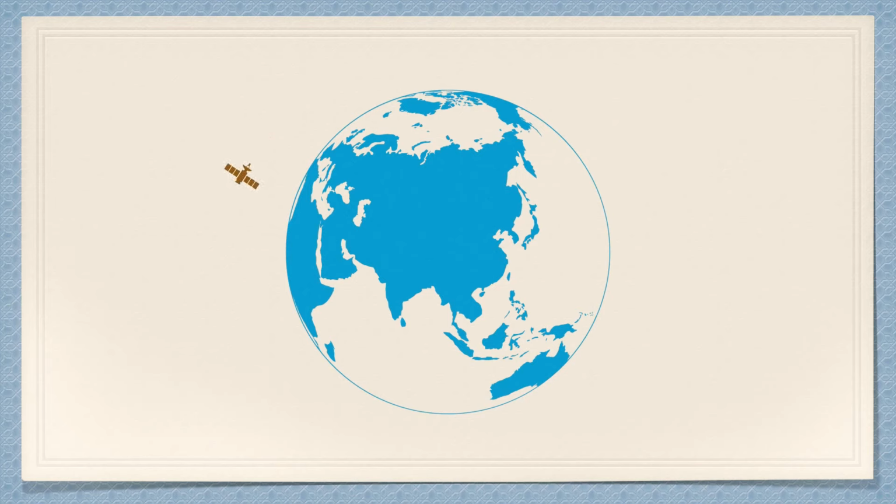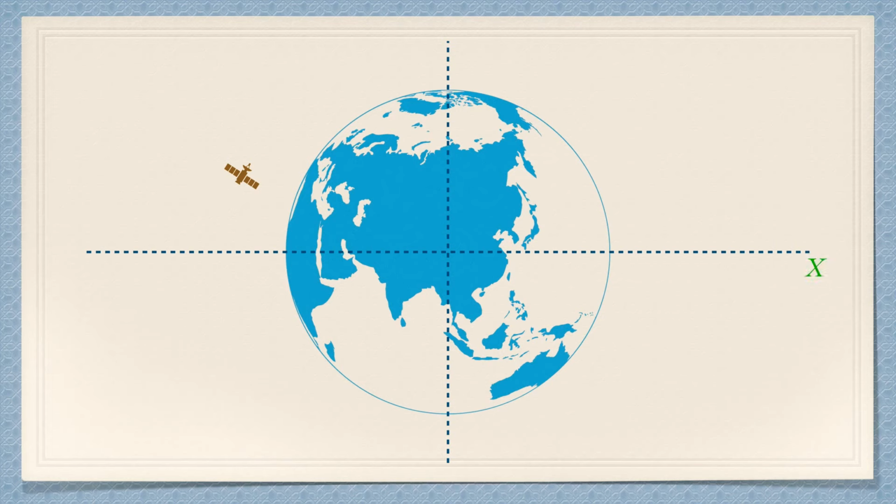So we now draw two mutually perpendicular axes passing through the center of the earth, x, x dash and y, y dash. On the x-axis, we write the positive numbers such as 1, 2, 3, 4, 5, etc. On the y-axis, we write the letters as in A, B, C, D. On the x dash, we write the negatives of the numbers, and on the y dash, we write the negatives of the letters, as these two axes represent a number line.